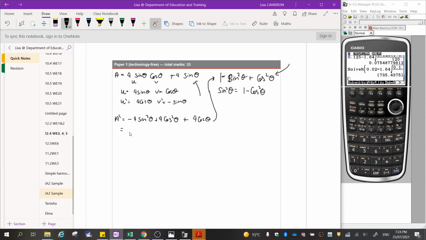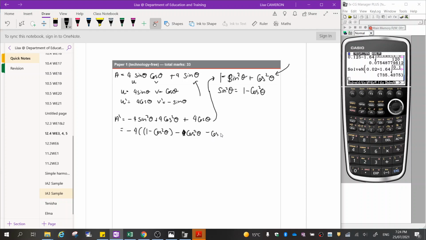Okay, so I'm going to substitute this in. First thing I'm going to do, I'm going to factorize negative 4 out because I'm sick of writing all of these 4s. So 1 minus cos squared theta, in brackets. Now, because I factorized the negative out, this is going to change into a negative because that became positive. So minus 4 cos squared theta. All right, get rid of you, sucker.